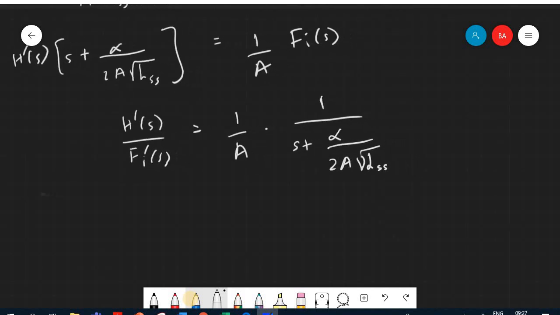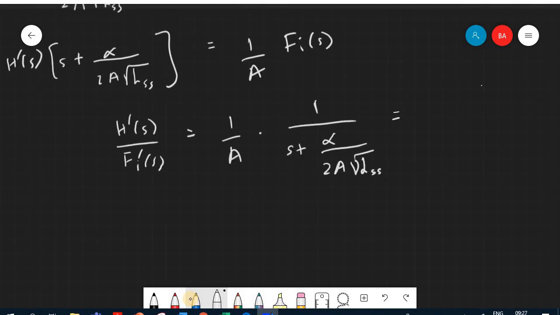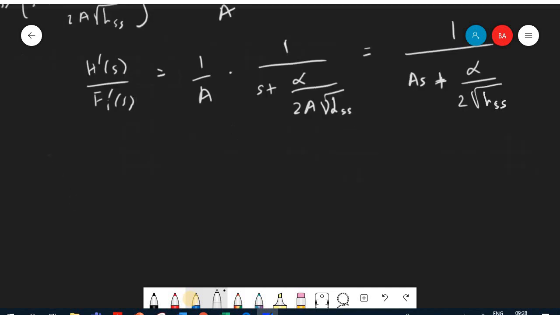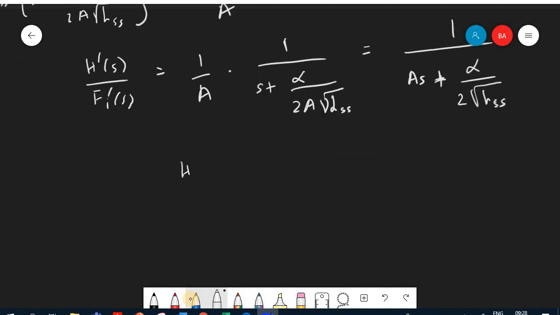And just rearranging this, the area will cancel with the area, so that will be alpha over 2 height at steady state. And this is the equation that we just got above. So it is exactly the same.